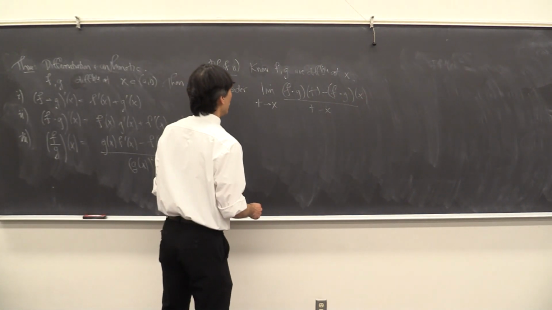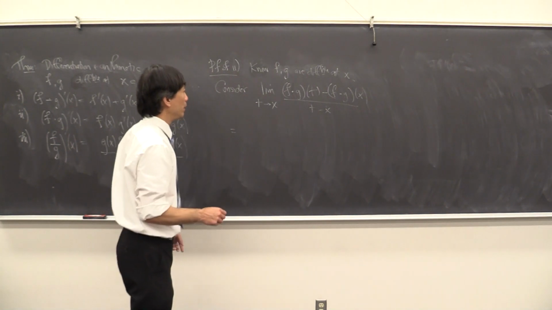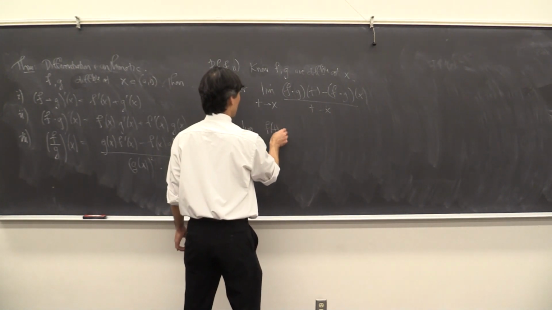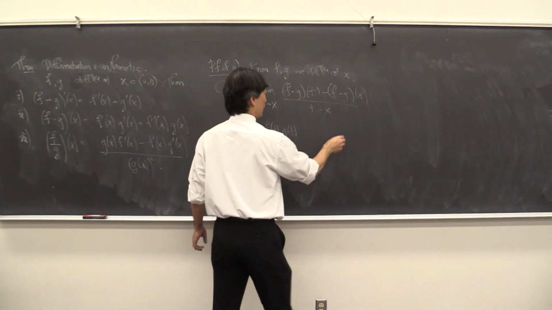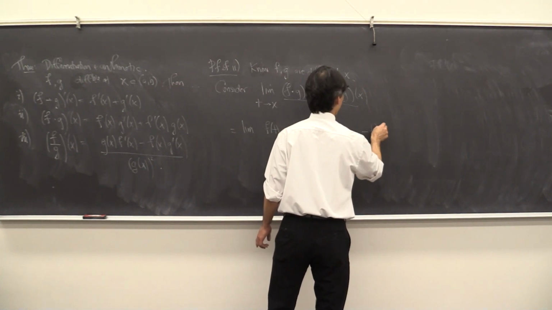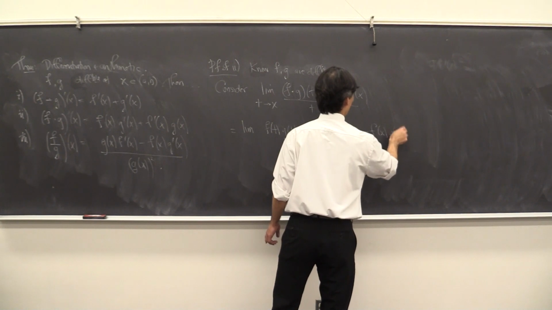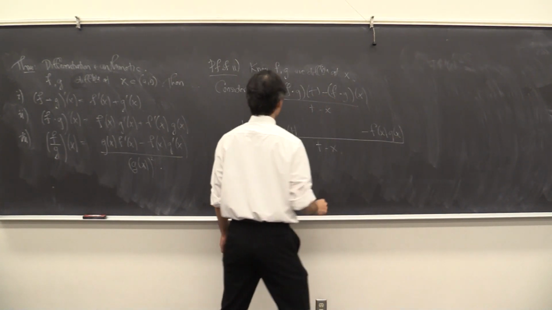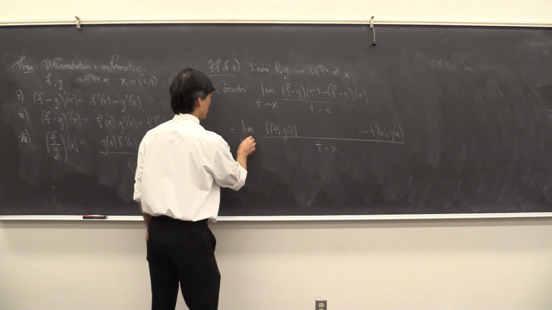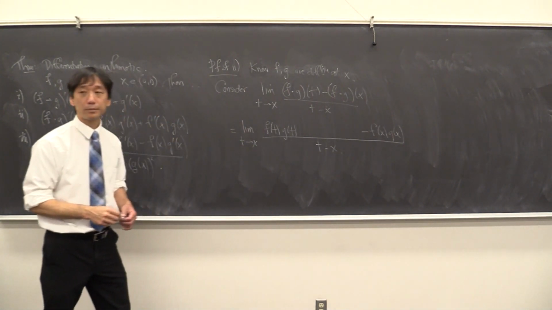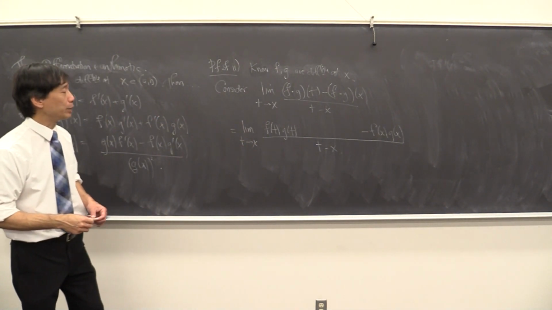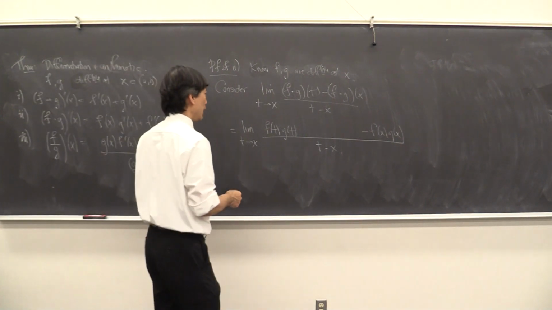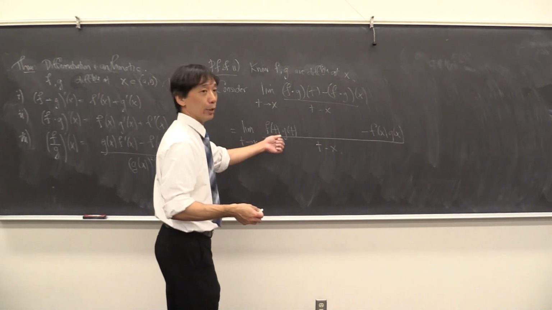Okay, so we're going to play a trick. Let me rewrite this. This is f of t times g of t minus f of x times g of x over t minus x. And we're going to play a trick, which is we're going to try and work in things that we know about.